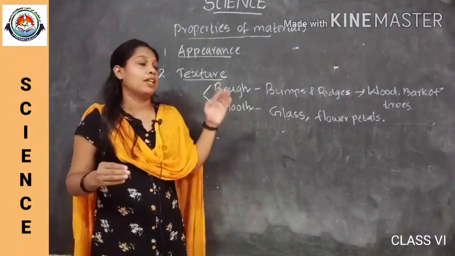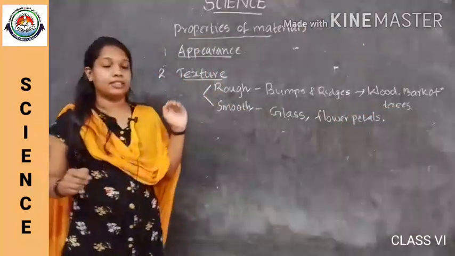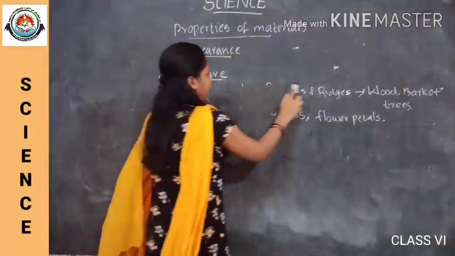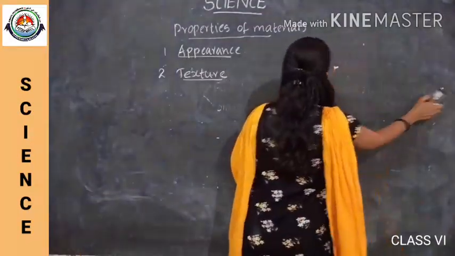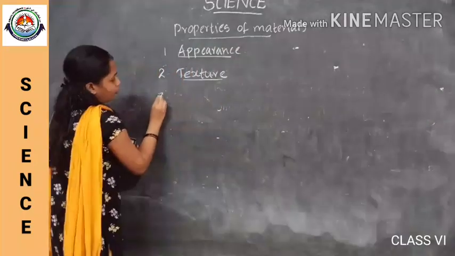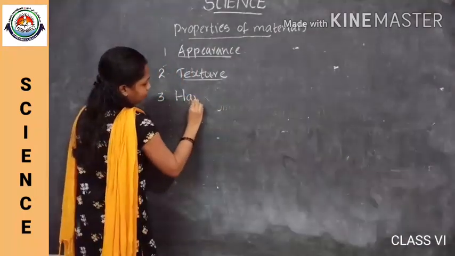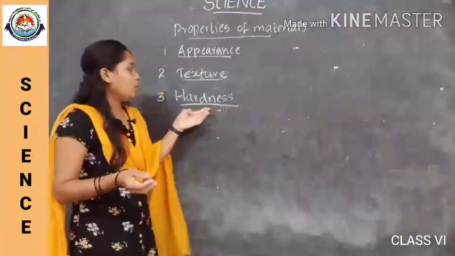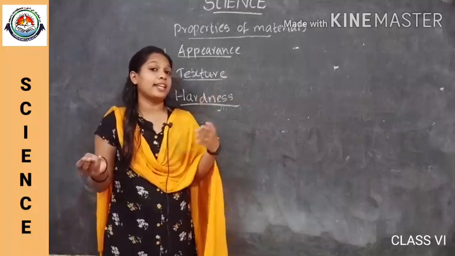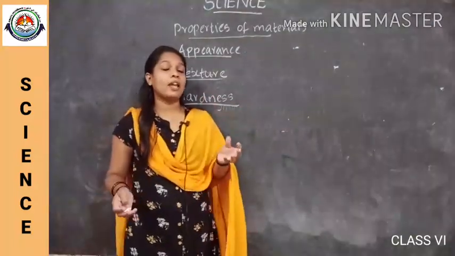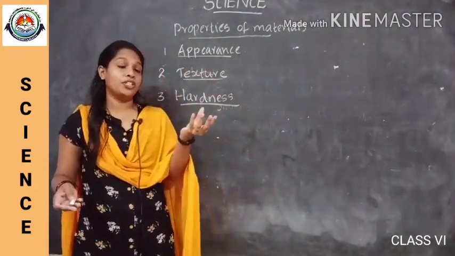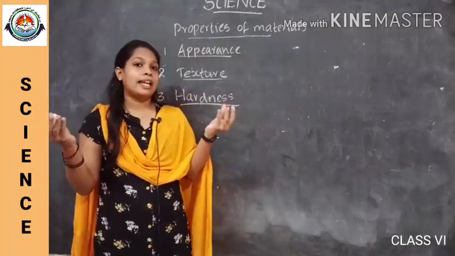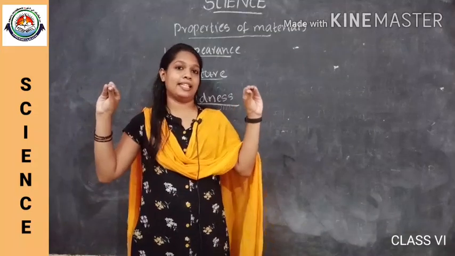Is it clear? Then the next property is hardness, the third property. In order to understand hardness, take a piece of sponge and another piece, an iron rod, in your hand and just try to compress it.